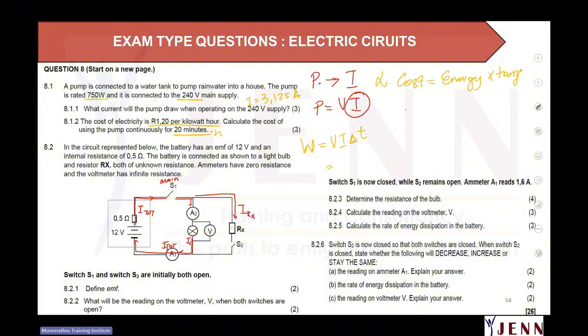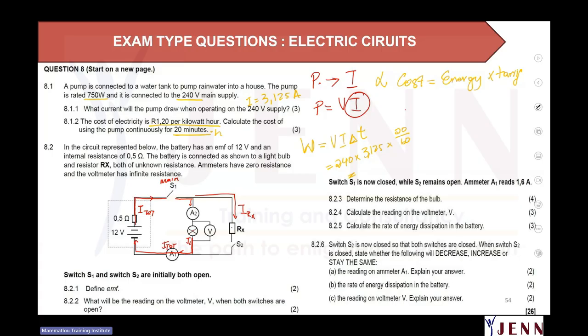That's the energy used. So energy used here will be potential difference, which we said was 240, multiplied by the current that we just calculated as 3,125, multiplied by the time. Our time here, we need to say 20 divided by 60. That's the fraction. It will give us our energy.